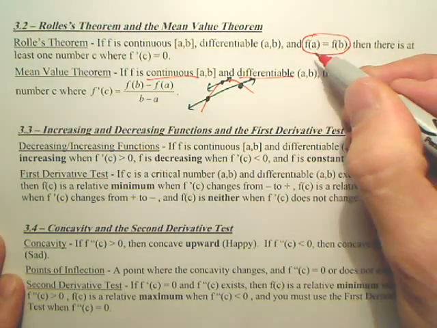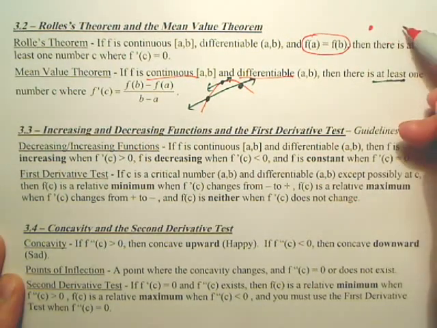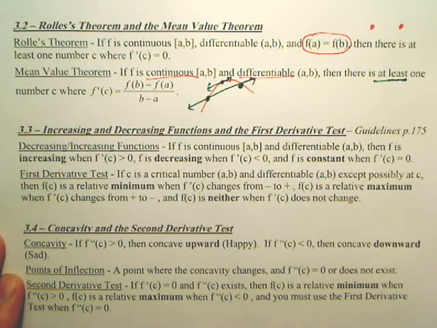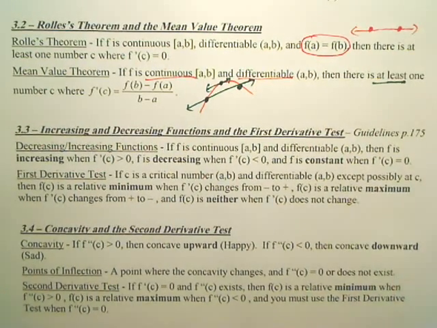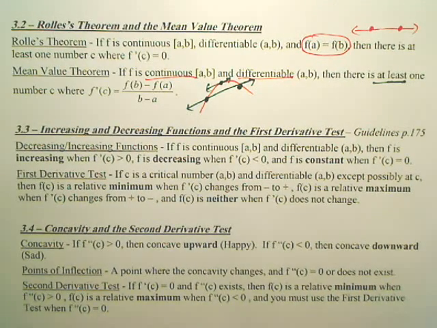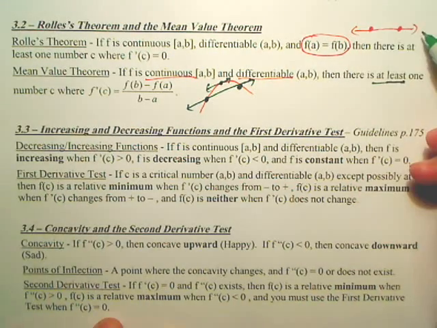Here's what it means. If f of b equals f of a, do you understand? My 2 points are flat. Aren't my 2 outputs flat, the same height? So do you understand what's my secant line slope? 0. So if I have a flat line, because the values are the same, isn't my secant 0?